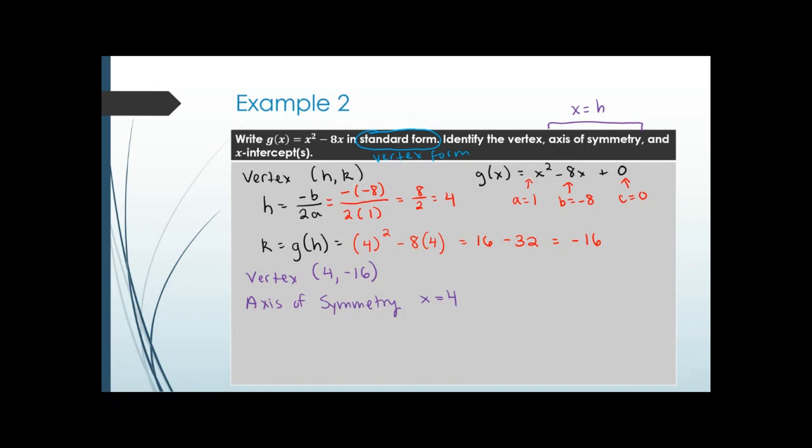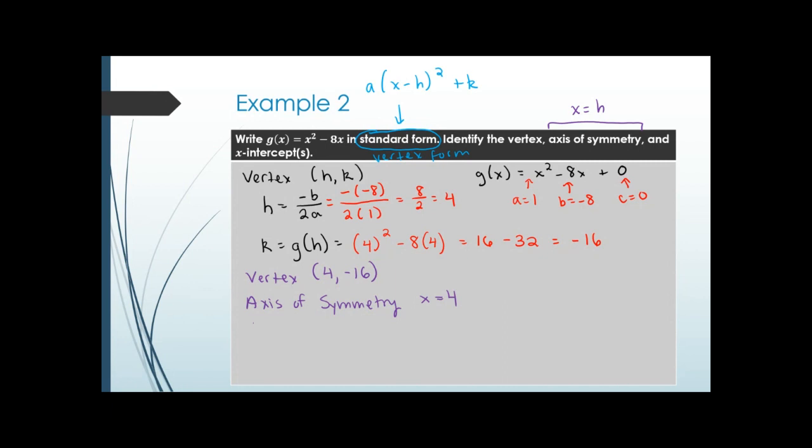The x-intercepts come from setting the equation equal to 0. But first I'm going to put this in standard form because we have all the information we need to do that. So it's a times x minus h squared plus k. We know a, we know h, we know k.